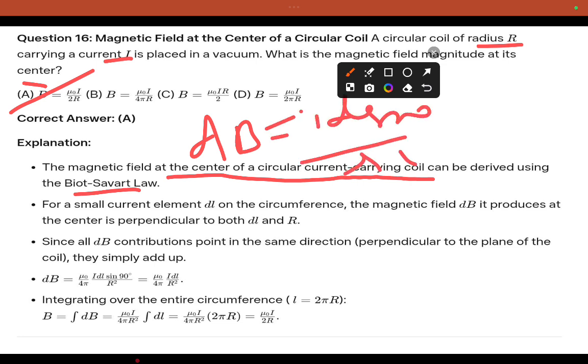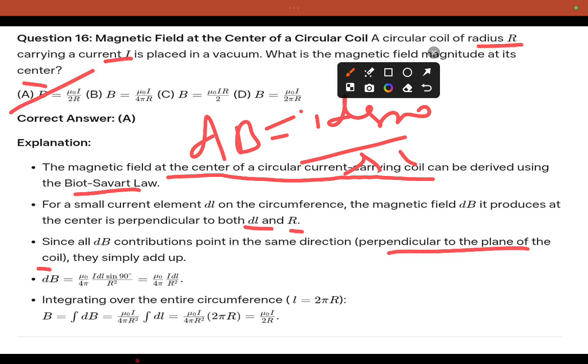I dL sin theta by R square. For a small current element dl on the circumference, the magnetic field dB it produces at the center is perpendicular to both dl and R. Since all dB contributions point in the same direction, perpendicular to the plane of the coil, they simply add up.